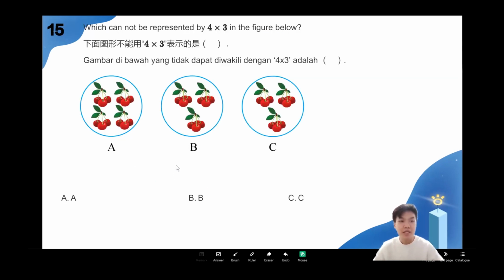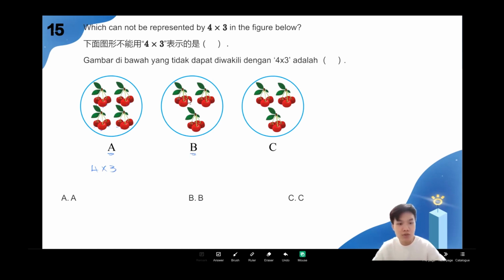Question 15. Which cannot be represented by 4 times 3 in the figure below? A. It has 3 cherries for each part, and there are 4 of them. So we can represent it as 4 times 3 cherries.